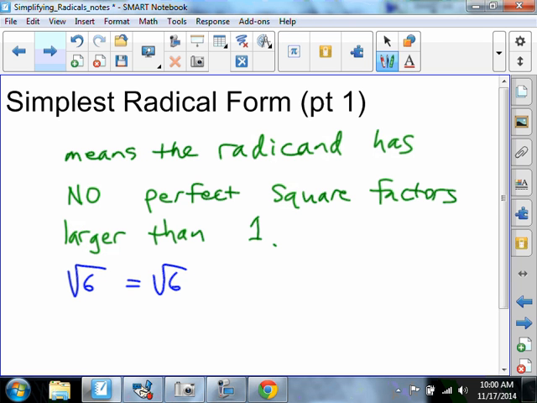Well, let's look at 6's factors. 6 breaks down into 1 and 6 and 2 and 3. 1 is a perfect square, but 2 isn't, 3 isn't, and 6 isn't. So what simplest radical form means is that if there is a number under the square root, it doesn't have any factors bigger than 1 that are perfect squares.